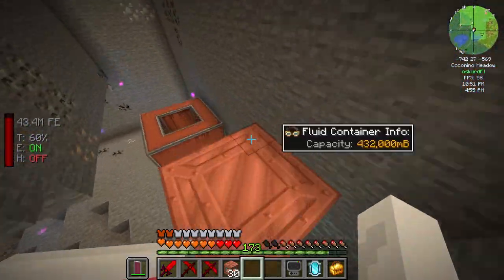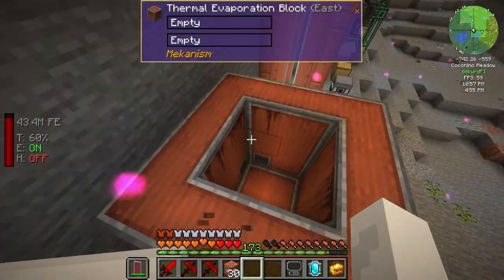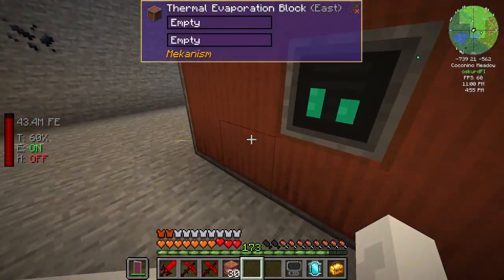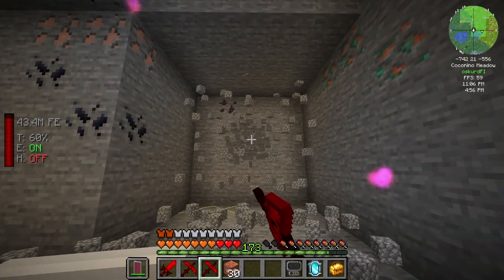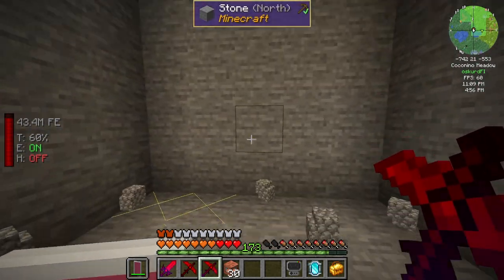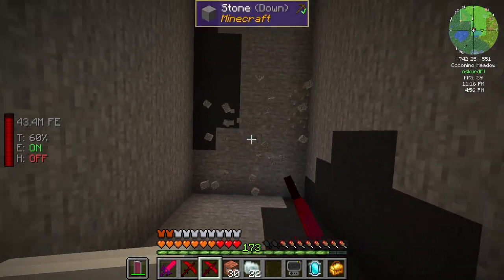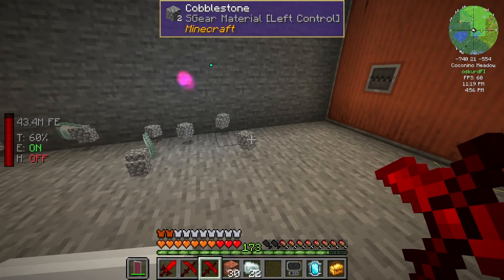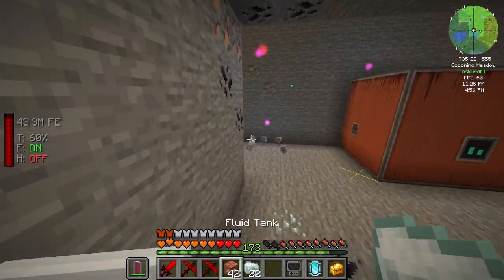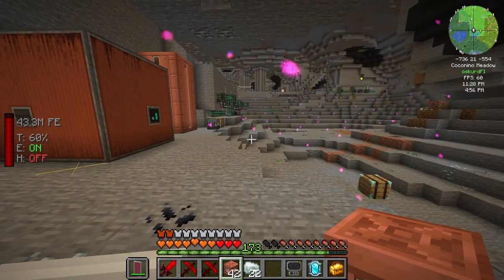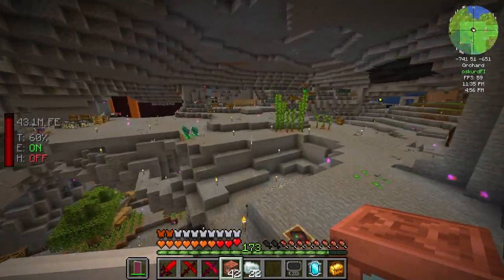So now we build another tank, same size as this one obviously, and again 3 away from this one, so we need a little bit more space. Like so. Rest of my things. And now we need 6 more. I forgot that. We need 6 more.